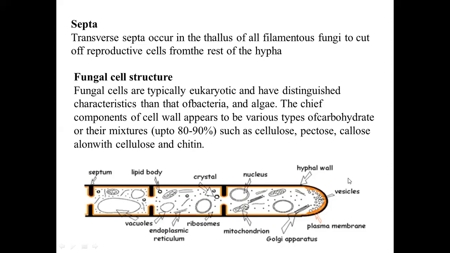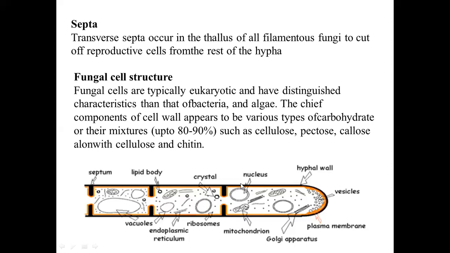Particularly, the fungal cell is eukaryotic in nature. A well-defined nucleus is there, nuclear membrane, nucleoli, so all the parts of the nucleus are well defined. So that's why it is known as eukaryotic in nature.